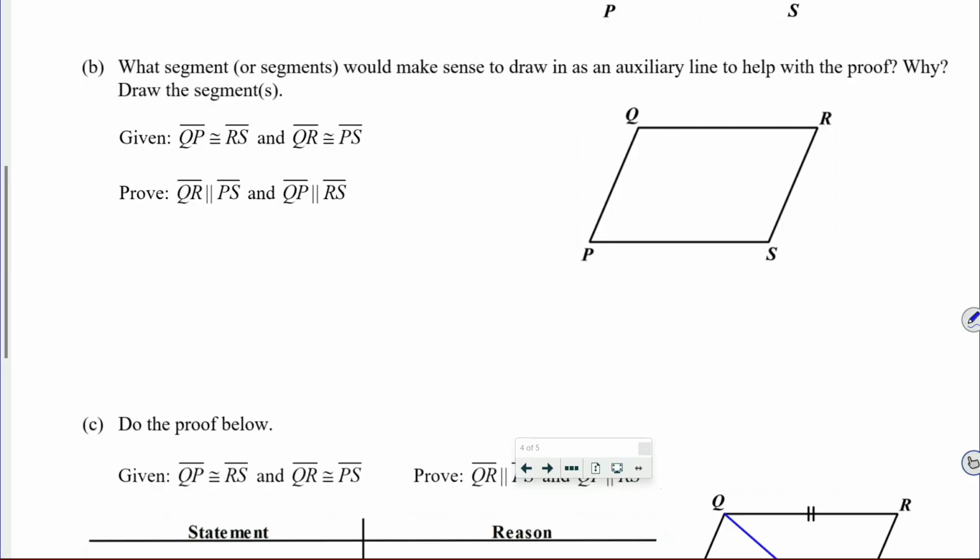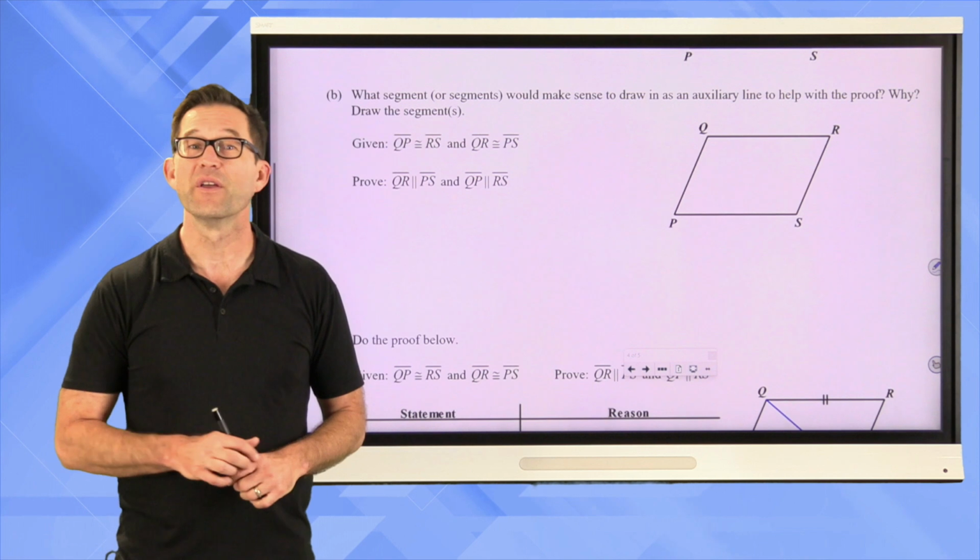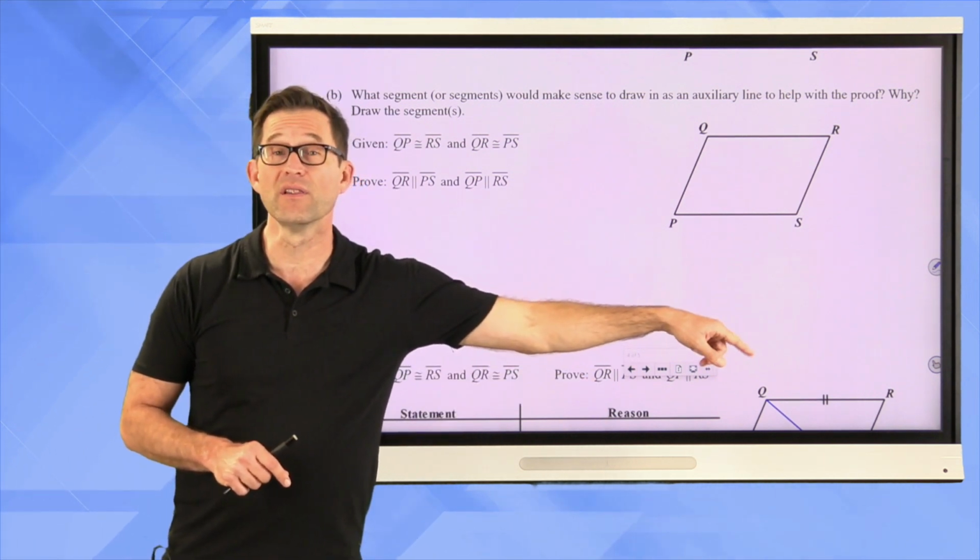What segment or segments would make sense to draw in as an auxiliary line to help with the proof? Why? Draw the segment or segments. Pause the video now and think about this a little bit. Well, you might already be able to see a little bit of it.